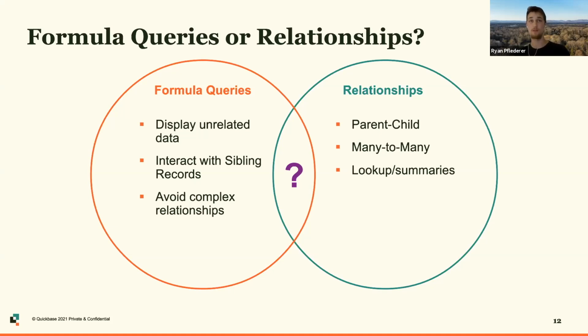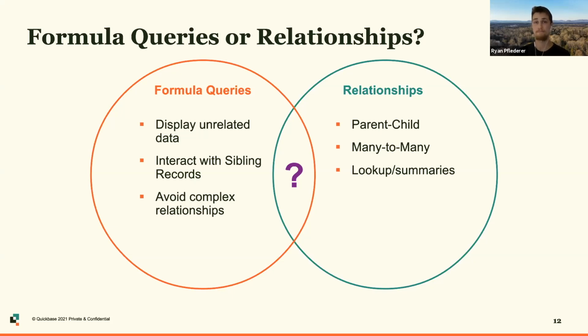What about if you're trying to do some sort of complex relationship? You want to do like a loop relationship where you're relating the table back to itself. In that case, it gets into a little more hairy territory, but you probably want to use a formula query. Your standard many-to-many tables, parent-child tables, those types of relationships, probably you're still going to have and maintain for certain instances.